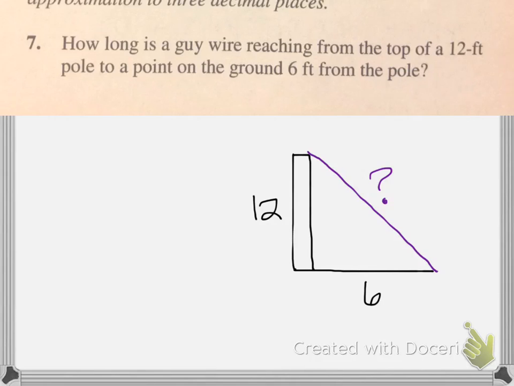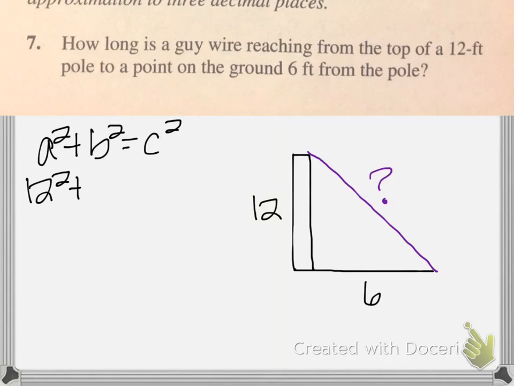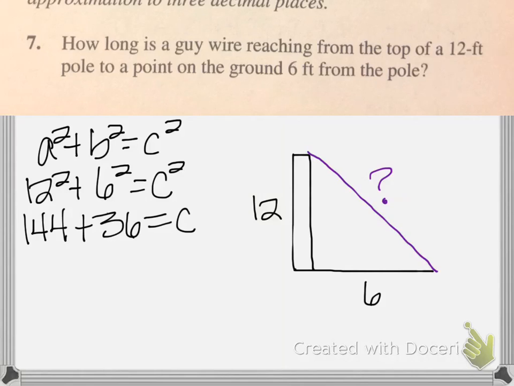So when I go to use my Pythagorean theorem, I have the two legs. So a squared plus b squared equals c squared. I'm going to have 12 squared plus 6 squared equal to the length of my wire squared. So I have 144 plus 36 equals c squared. 144 plus 36 will be 180.